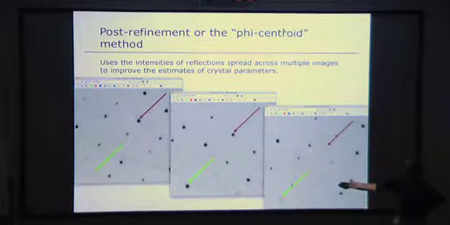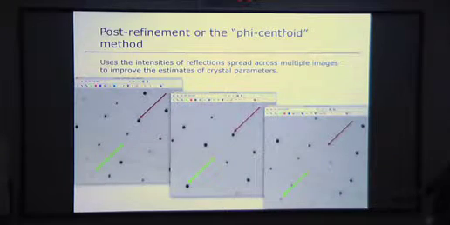By taking account of the apparent intensity on that image and on that image, you can work out that the true centroid for that reflection is probably somewhere during that exposure, because it's a little bit stronger on that image than on that. There's another spot down here on the left-hand side where there's no apparent intensity there. There's a lot of intensity on the central image, and there's just a tiny little bit of intensity there. And so the phi centroid of that reflection is probably somewhere just after the midpoint of that image. And we can do this for many reflections.